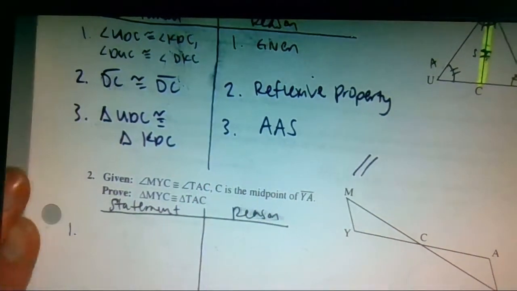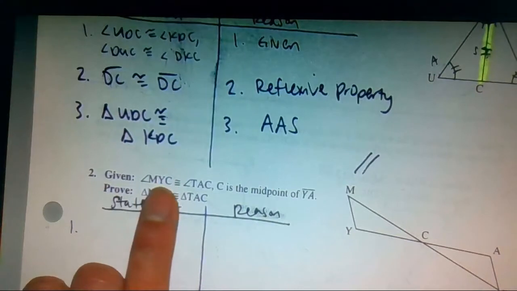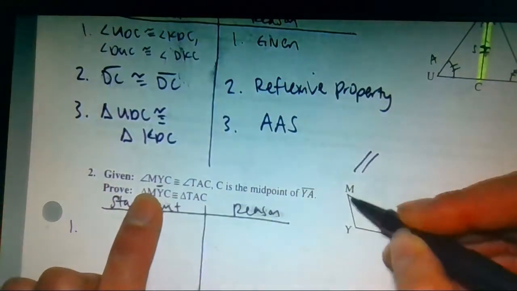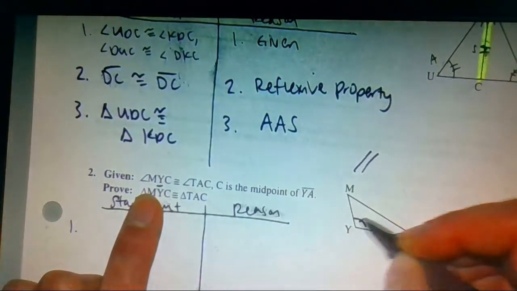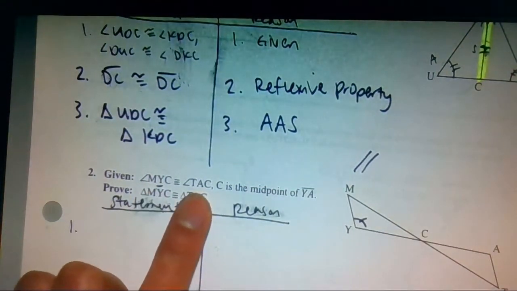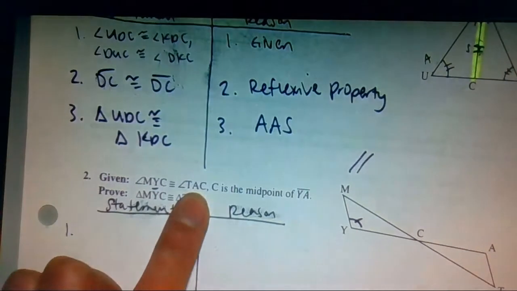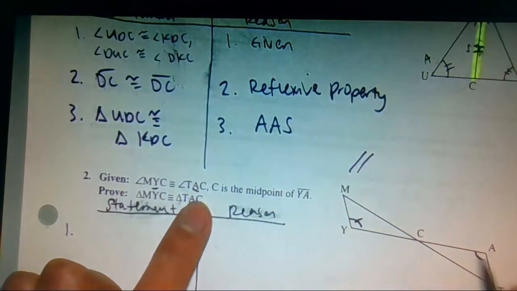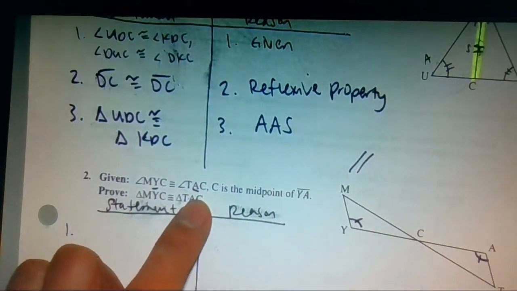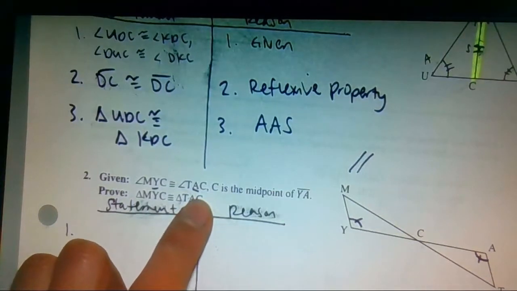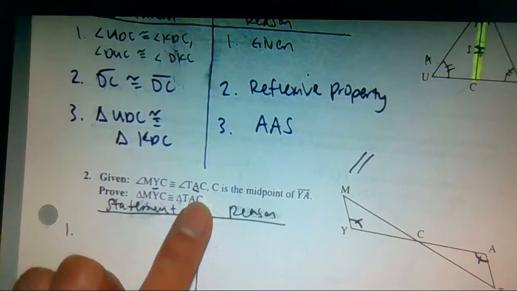Okay? So angle MYC, is it at M, Y, or C? Y, it's in the middle. MYC, right here. TAC is where? That A is in the middle. Julian, you're marking this. And if you can't see, you need to put it up front. Okay.